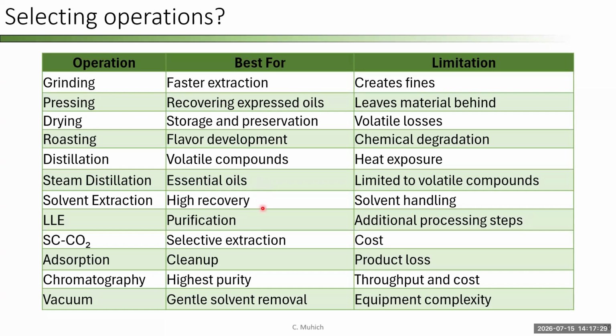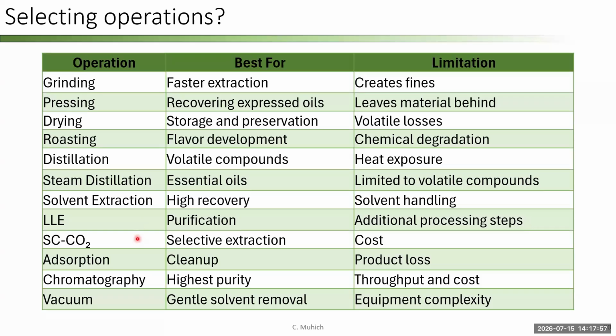If we really want high recovery, low heat or no heat, solvent extraction is the way to go. Liquid extraction is one of the key places when we want to think about further purifications, and when we have a good separation between liquids, aqueous and non-aqueous phases.